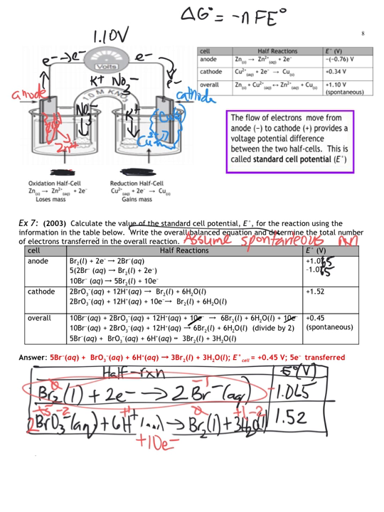I get bromide, and 5 of them, so 5 times that, or 10 times that, 10, forming 5 Br2 plus 10 electrons.